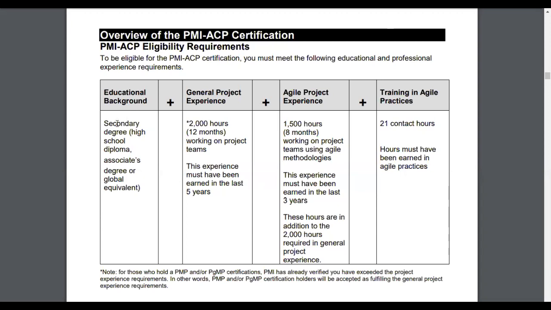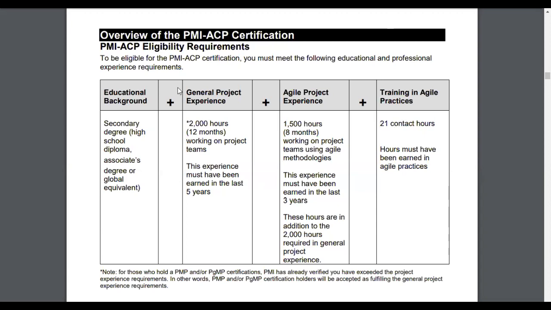If you have a minimum of a high school diploma, and in addition to that, 2,000 hours of general project experience working on project teams, and in addition to that, 1,500 hours over a period of not less than 8 months working on project teams using Agile methodologies, plus 21 hours of training in Agile.